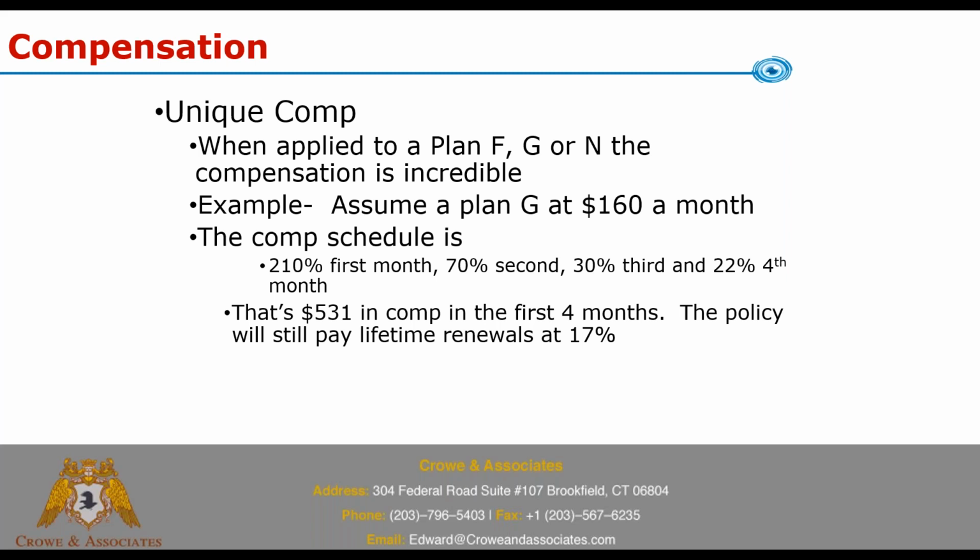You're looking at $531 in comp for the first 4 months on a $160 plan G sale. And the plan will still pay lifetime renewals of 17%. So you're looking at substantial compensation there. But again, it's only a select number of states where they're competitive on regular plans F, G or N.